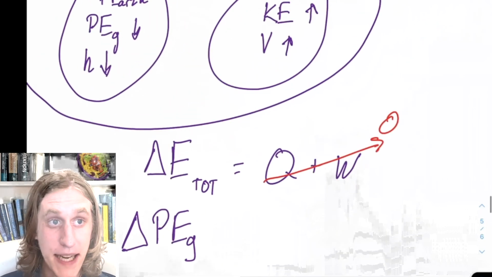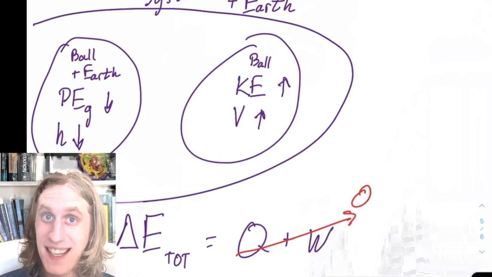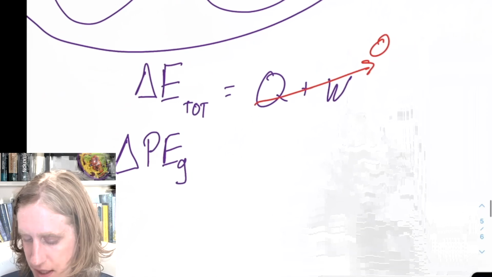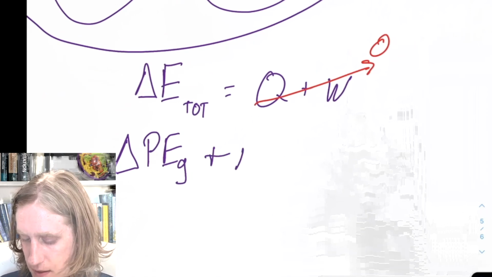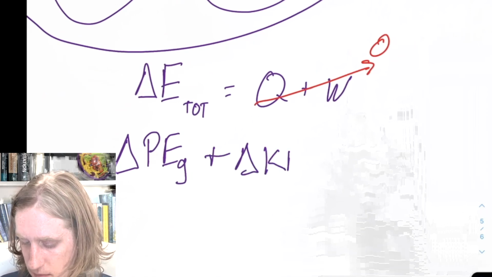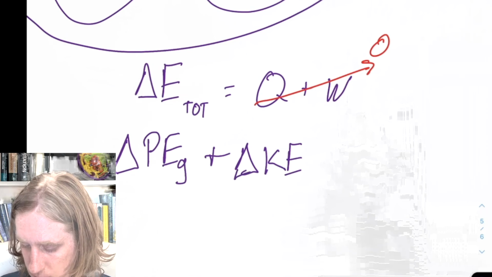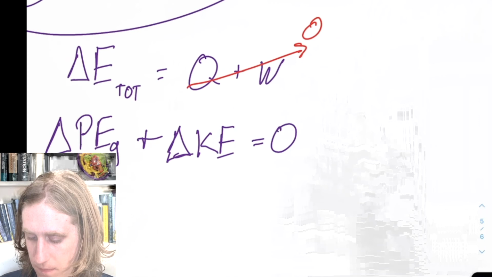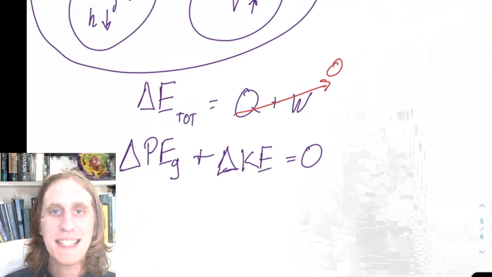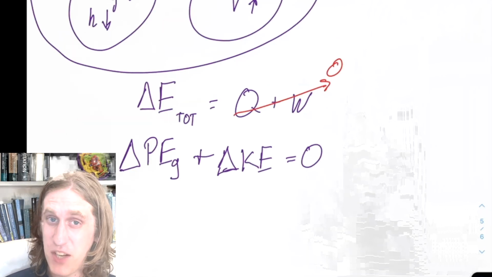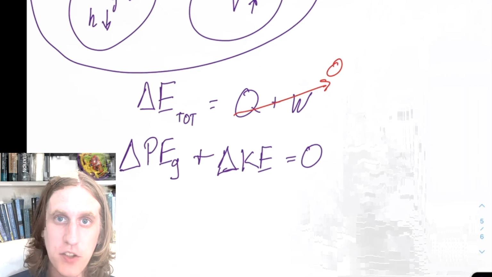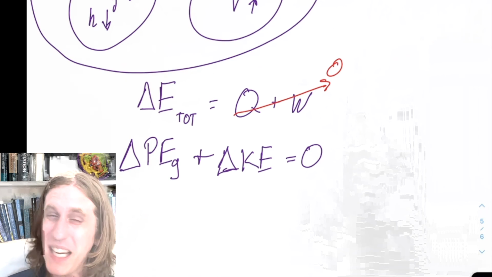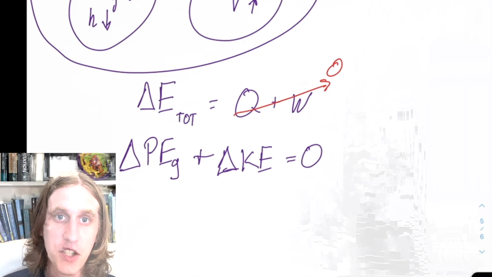And our second piece is just the change in the kinetic energy of the ball, delta KE. This is all equal to 0. All this equation says is that as the ball falls, the gravitational potential energy of the object is just being converted into kinetic energy.